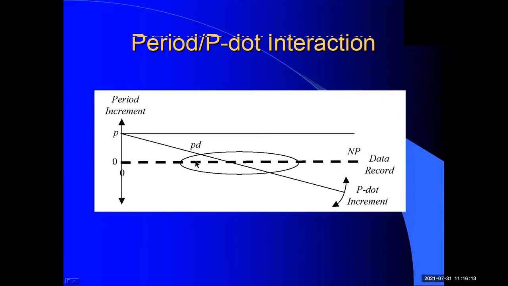If you imagine that this is our n periods of data, if our period increment is 0, we pick up all of these and we get our maximum signal. As we move our period away, the amplitude goes down, but we can choose a p dot so that it brings it back down into this matched range.